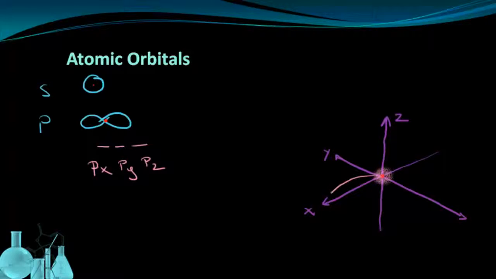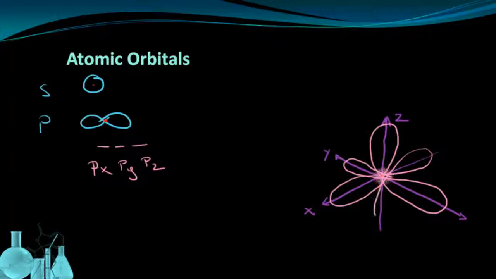We have the one part of the dumbbell coming out like this, and the other one trailing off in the distance. For the y-shaped orbital, it's going to be the same thing. We have one coming out like this, and the other one goes towards the back. And then for the z orbital, we have one that goes up like this, and the rest of it's down that way. And so we have a 3-dimensional arrangement of 3 different p orbitals.